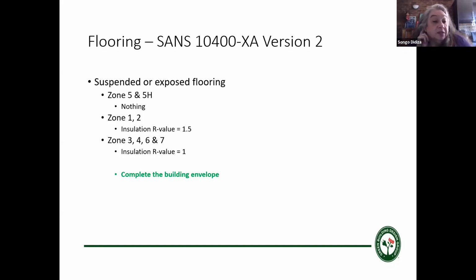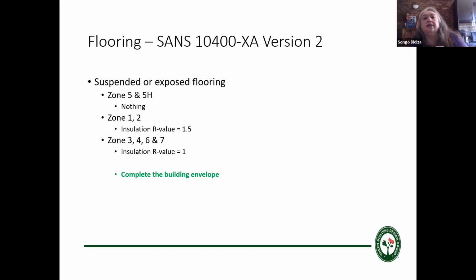And in buildings, especially in high humidity areas, if you have an exposed floor and there's ventilation underneath it, it actually acts as a natural coolant. So the one thing we don't want to do in the hotter zones is make these hot boxes, and we want to facilitate cooling.